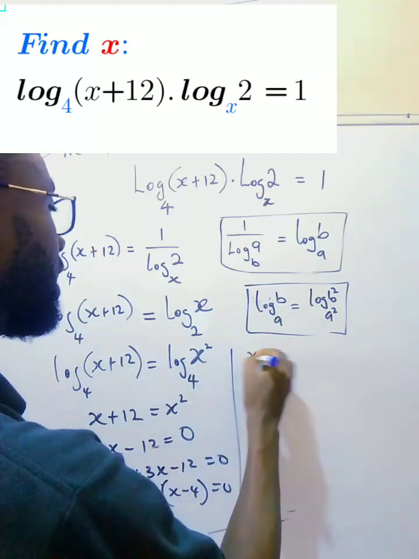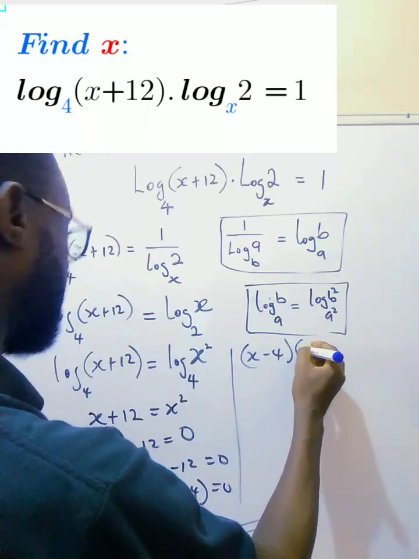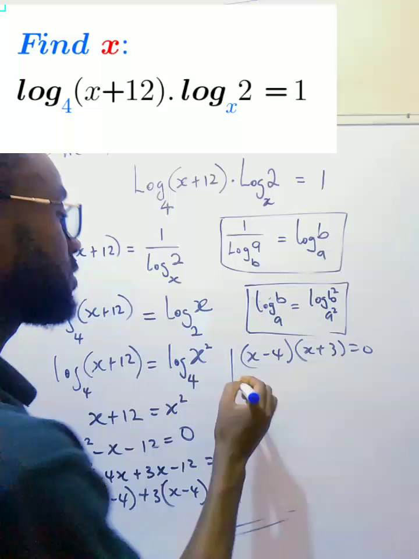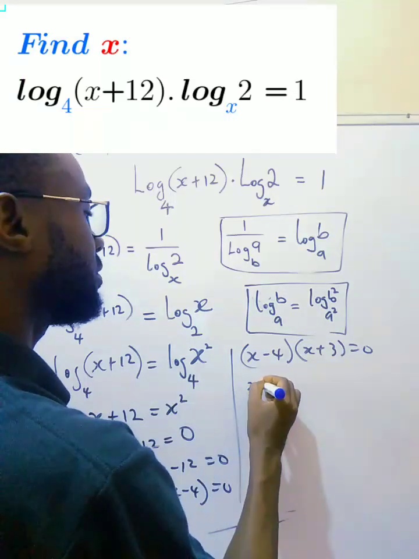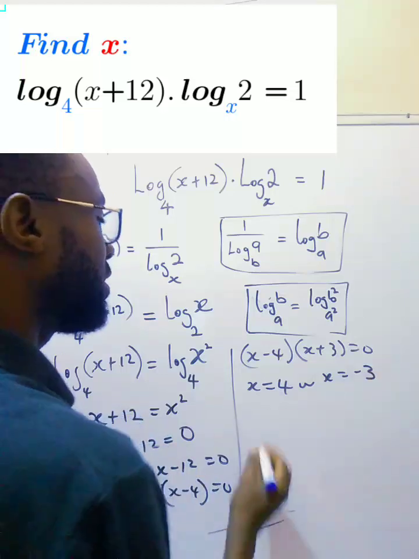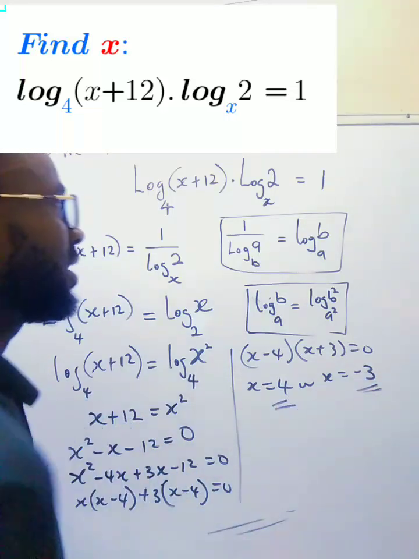So that I'm having x minus 4 bracket x plus 3 equal to 0. Can you see that? So therefore x is equal to 4 or x equals minus 3. So these are the two values of x.